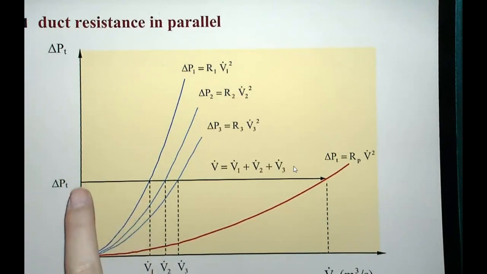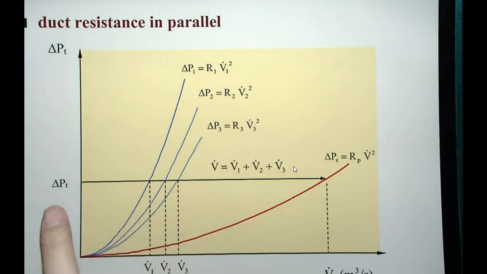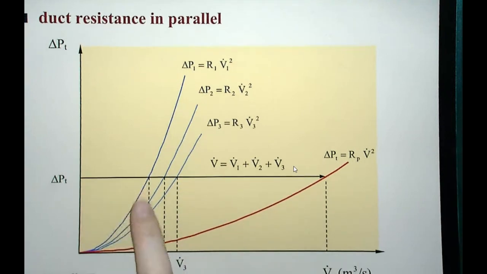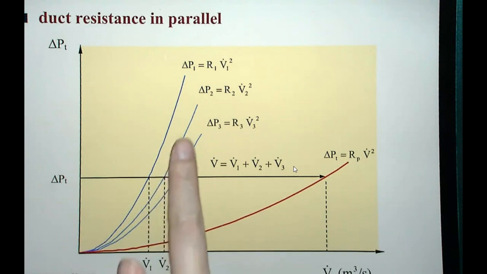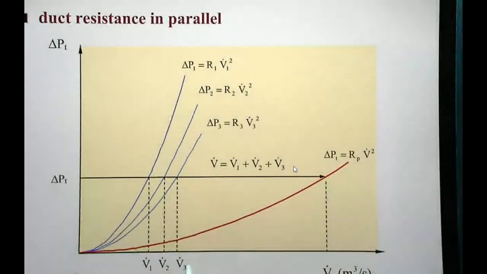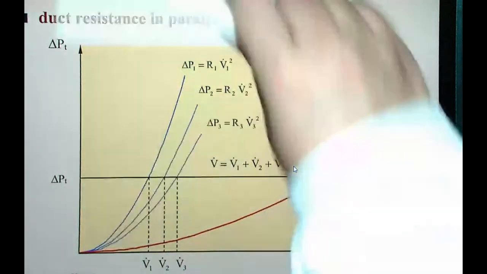So what we do is we find a certain pressure drop, and on this constant pressure drop line, we find the corresponding flow rate value for duct section number 1. So we have V dot 1, and for duct section number 2 with the second blue line, we find V dot 2. And at last for duct section number 3, V dot 3.